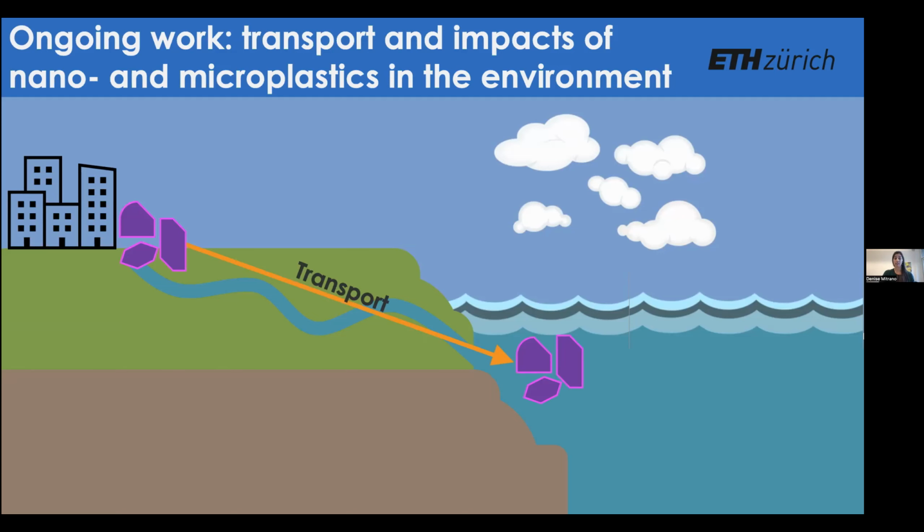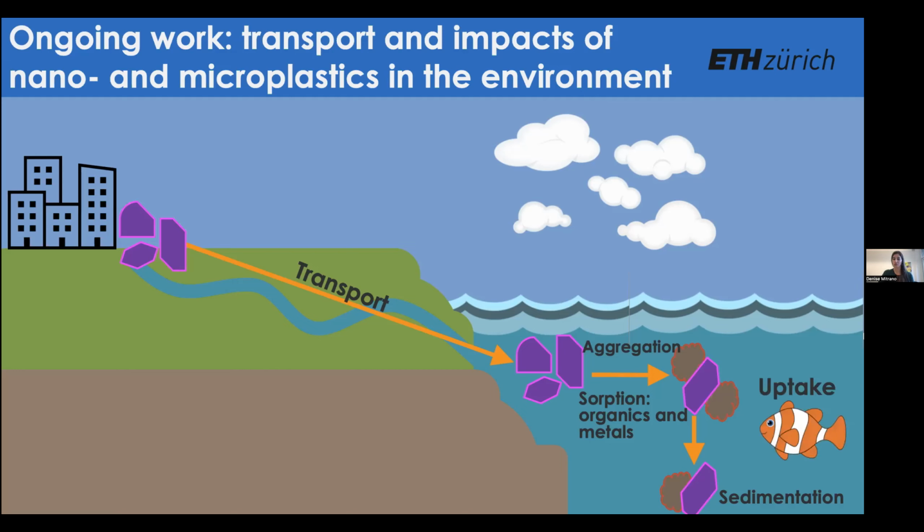We look at how this is transported down rivers and eventually into larger water bodies, the effects of aggregation with particles, and consequently their settling dynamics. And also the sorption of organics like natural organic matter and metals onto the plastics. While I'm not an ecotoxicologist by training, I work with a lot of ecotoxicologists, so we can also look at the uptake and impacts on a wide variety of different organisms.